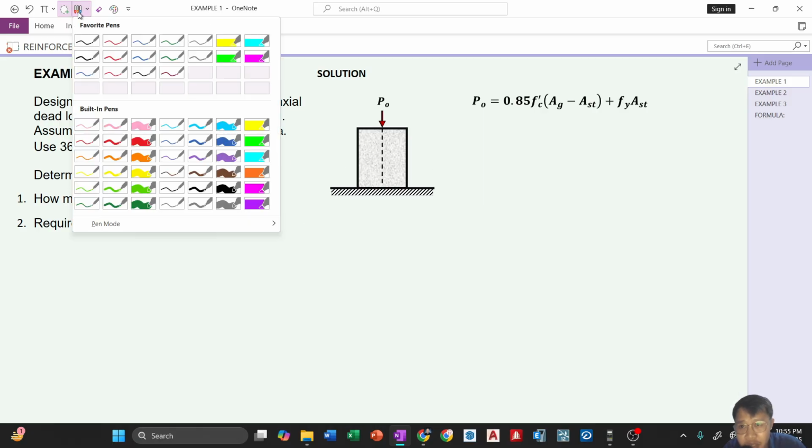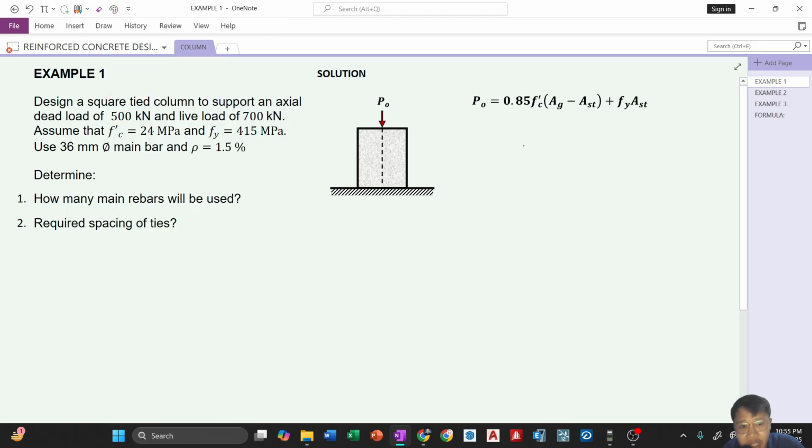Let's utilize first the steel ratio here. Recall that steel ratio for column is equal to area of the steel divided by the gross cross-sectional area. Okay, we can actually play along with this formula. We want to know the area of our steel. To do that, it's simple.